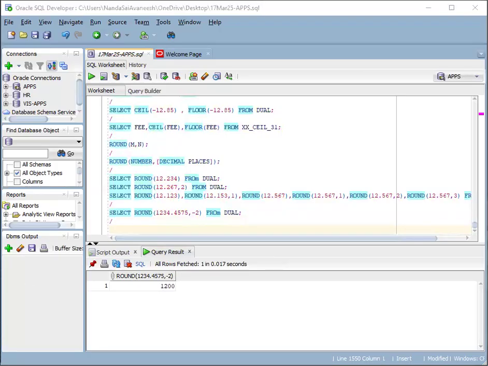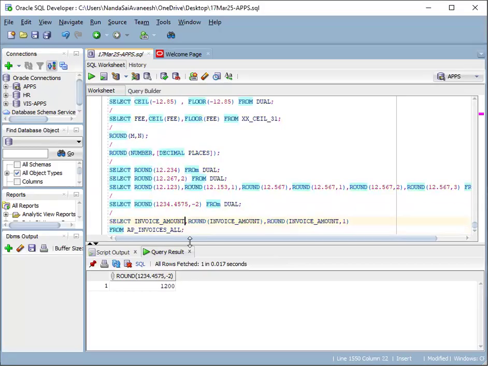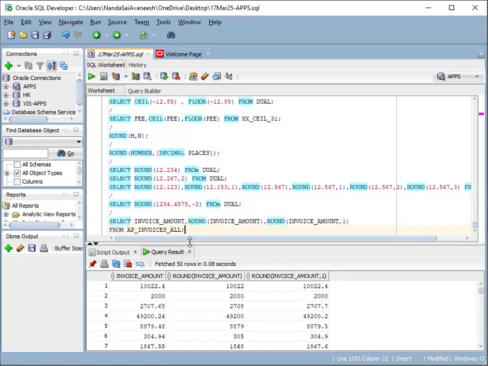Suppose you are going to take any example of round in the base tables or existing tables: select invoice amount, comma round of invoice amount, comma round of invoice amount comma 1 from AP invoices. Let's see the difference here. This is the invoice amount. When you make it round, what is happening?